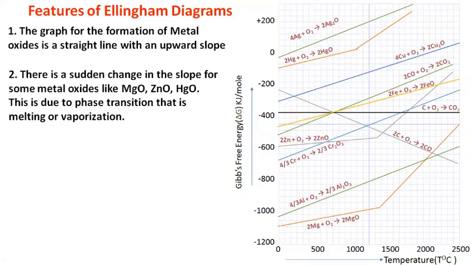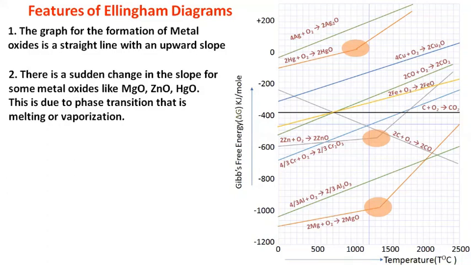Here, in the cases of magnesium oxide, zinc oxide, and mercuric oxide, you can see I have highlighted those points where there is a sharp curve. There is a sudden change in the slope.